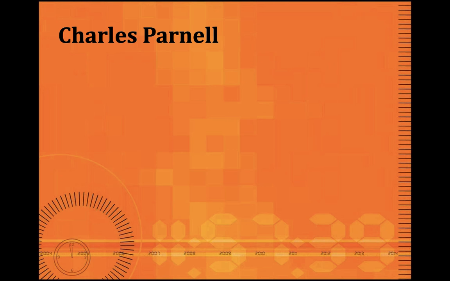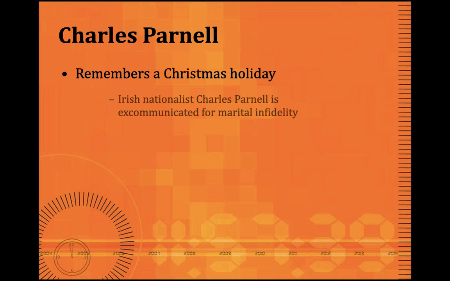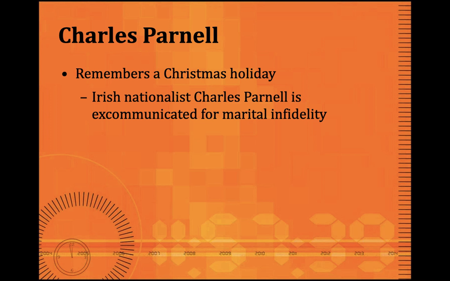He remembers one incident at home during a Christmas holiday when the Irish nationalist Charles Parnell was excommunicated for marital infidelity. What happened is Charles Parnell is a famous leader of the Irish people. He's an Irish nationalist, and Stephen's father Simon and his friends all respect him. But Charles Parnell went and had an extramarital affair with another woman.